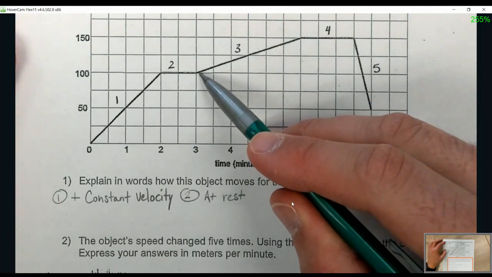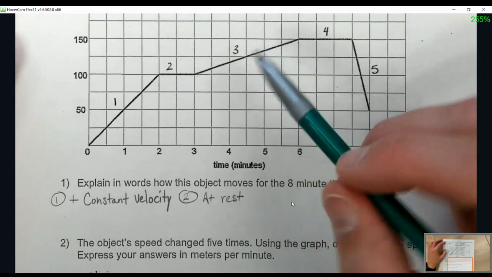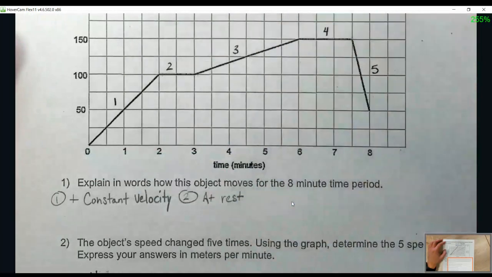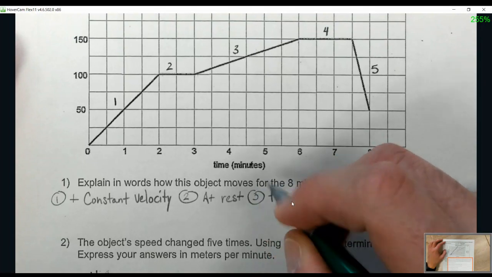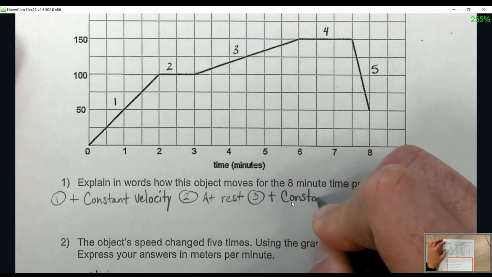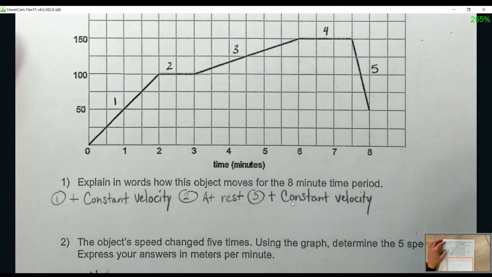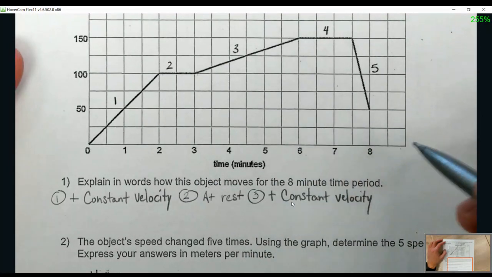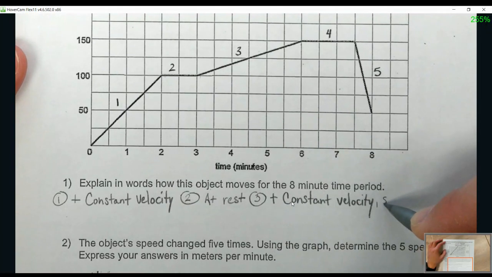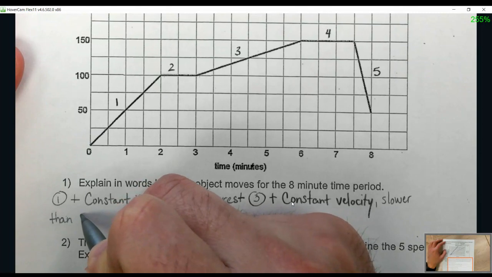Line segment 3, is that a constant velocity? Yes, because it's not changing its speed at all. So positive constant velocity. The only thing I'm going to add to that, positive constant velocity, is line segment 3 faster or slower than 1? Slower. And I'm just going to write slower than line 1.